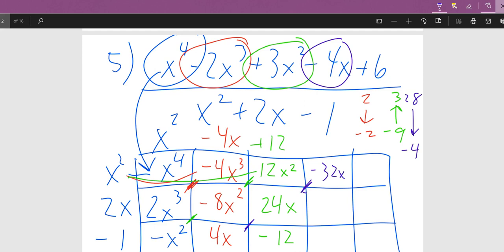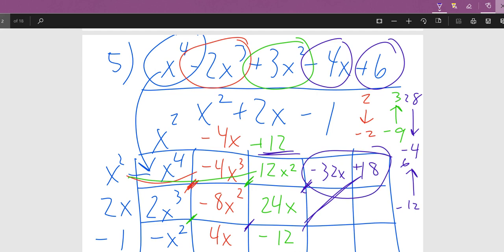Remember, now that we've hit the constant after the 12, everything else has to be remainder. So these boxes have to add up to 6. If I'm at negative 12 and I have to end up at 6, then I have to have a positive 18. So this part over here is my remainder.